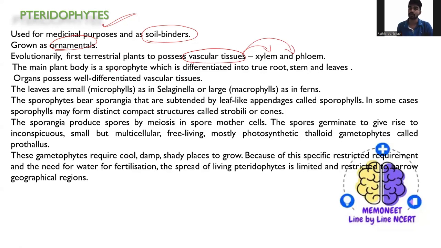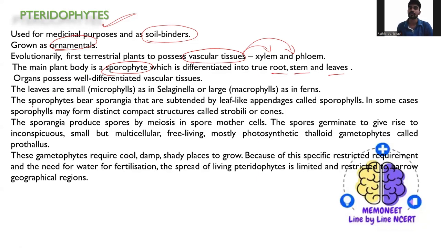So the main plant body is actually the sporophyte. The sporophyte has been differentiated into true root, stem, and leaves. That means now you can easily differentiate the entire plant body as root, stem, then leaves. And as I told, the organs possess well-differentiated vascular tissues. Like you can easily differentiate what are xylem and what are phloem, where they're present.